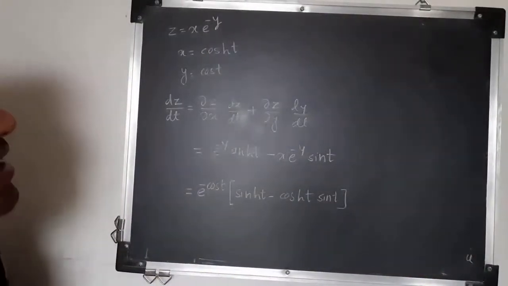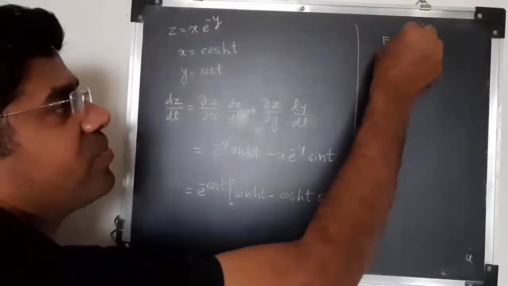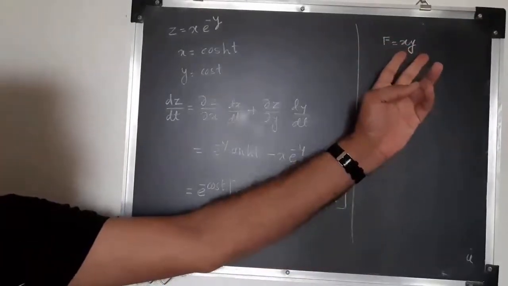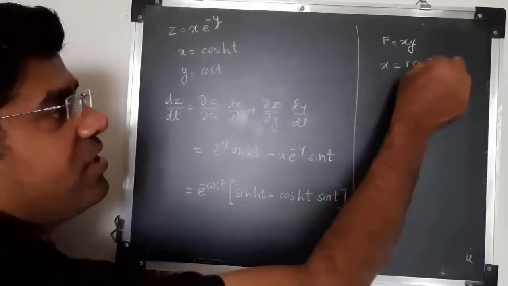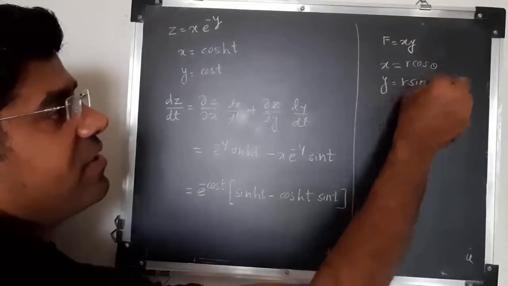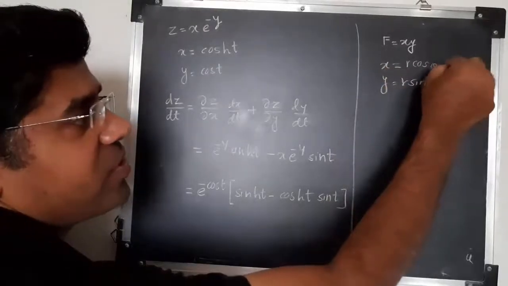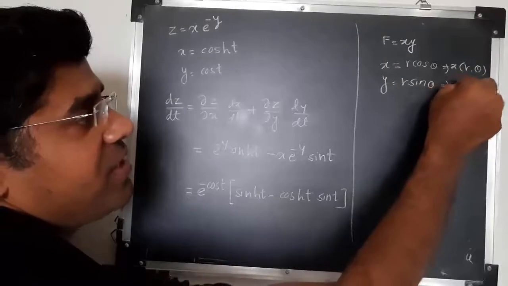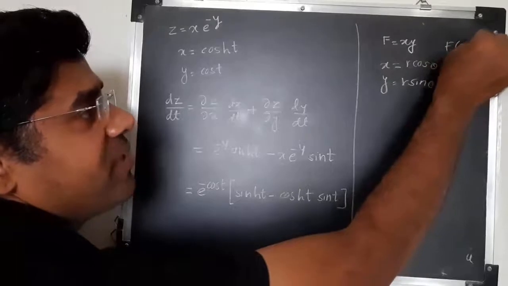Second example: suppose you have given f as a function of x and y, a composite function, and x is equal to r cos θ and y is equal to r sin θ. Which formula do we have to use here? x and y are functions of r and θ, and f is a function of x and y.